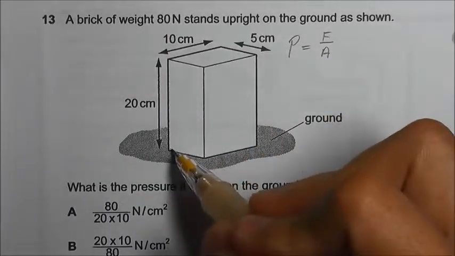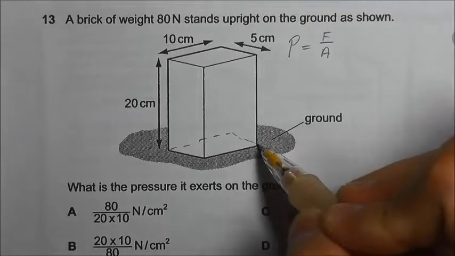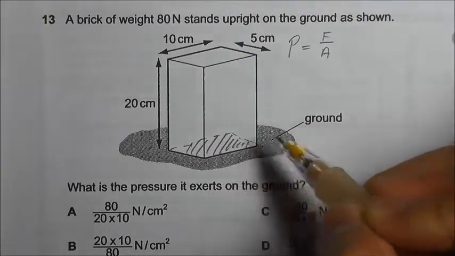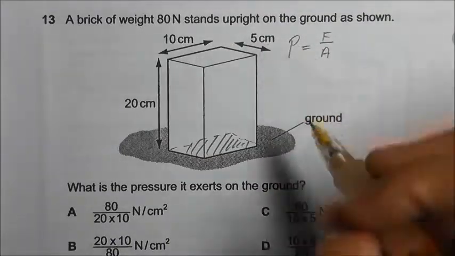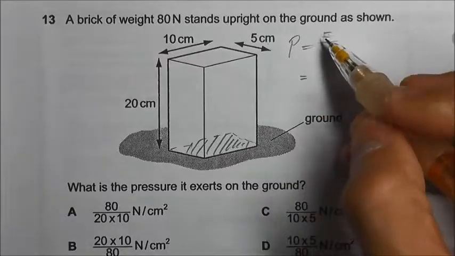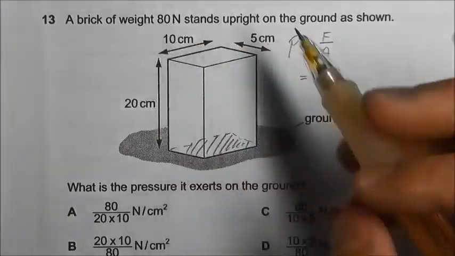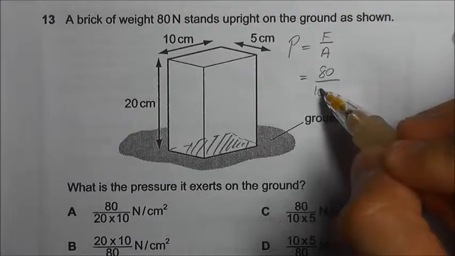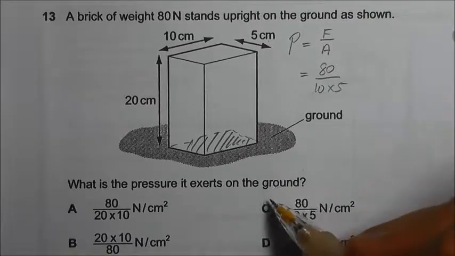The area in contact with the ground is this area, and this area is equal to 10 cm times 5 cm. And the force is actually the gravitational force of the brick, which is the weight. So it will be 80 divided by 10 times 5. The answer should be C.